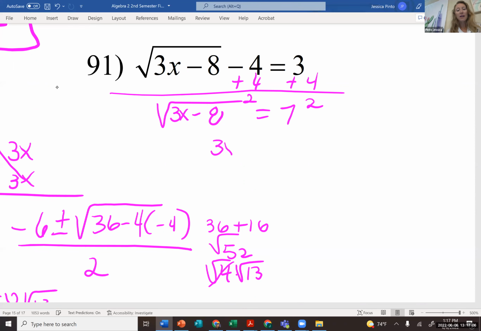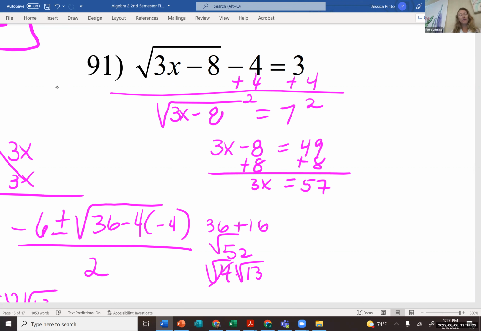I have 3x minus 8 is equal to 49. I add 8, and I have 3x is equal to 57. And I divide by 3.